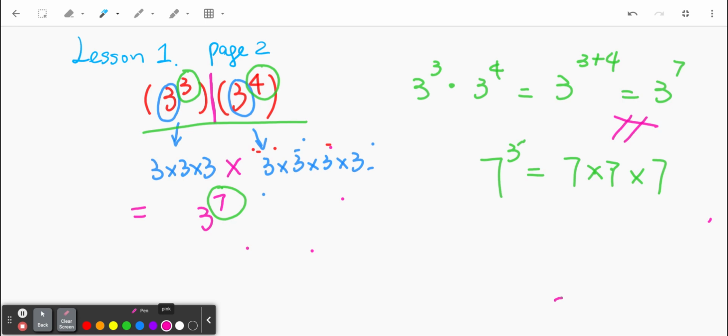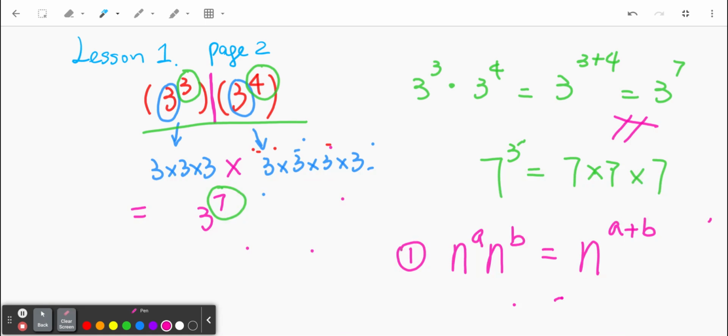So write this down. The first rule of exponents: N to the power A times N to the power B is equal to N to the power A plus B. That's rule number 1. Are you writing it down?